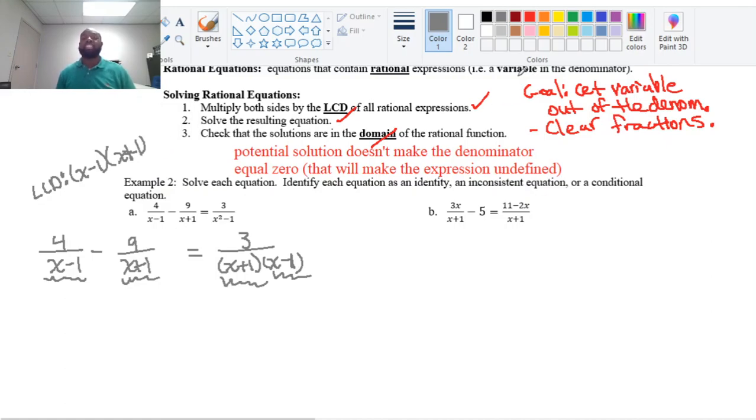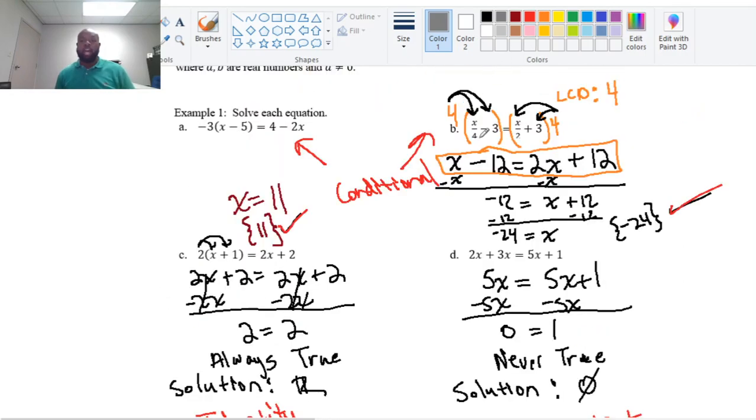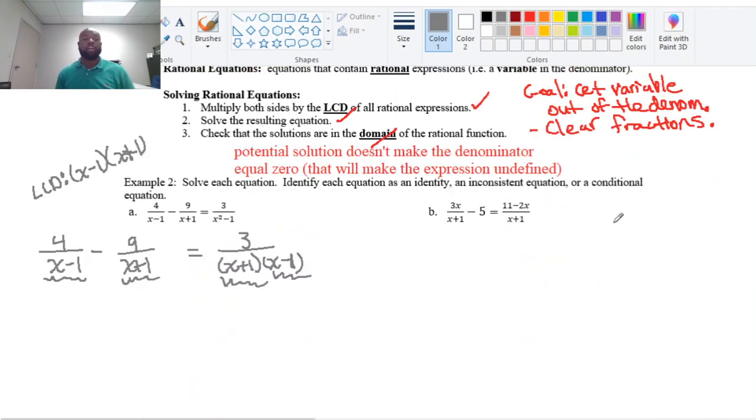And what I'm going to do is just like when we did this linear equation above. We looked at our denominators, we found that our LCD was 4, and we multiplied both sides by that LCD. So I'm going to multiply both sides by x plus 1 times x minus 1.